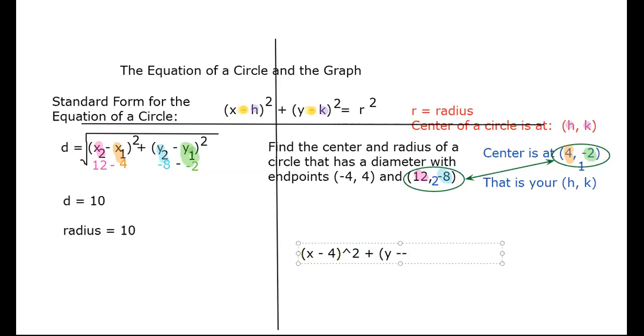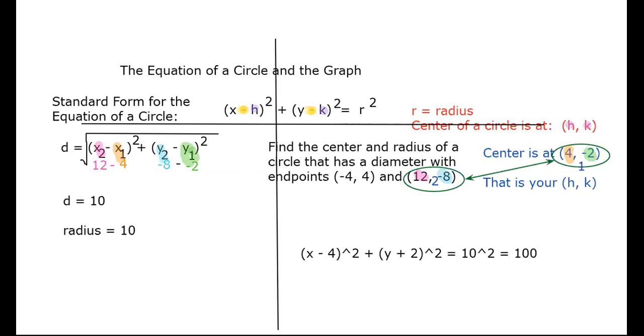Minus negative turns into plus positive, plus 2 quantity squared equals, our radius is 10, so we will put 10 squared, and you can also put 100 if you want, because 10 squared is 100. That is how you're going to get the equation of a circle when given 2 points on the circle that are the 2 end points of your diameter. That's hard. You've got to use the distance formula and the midpoint formula.